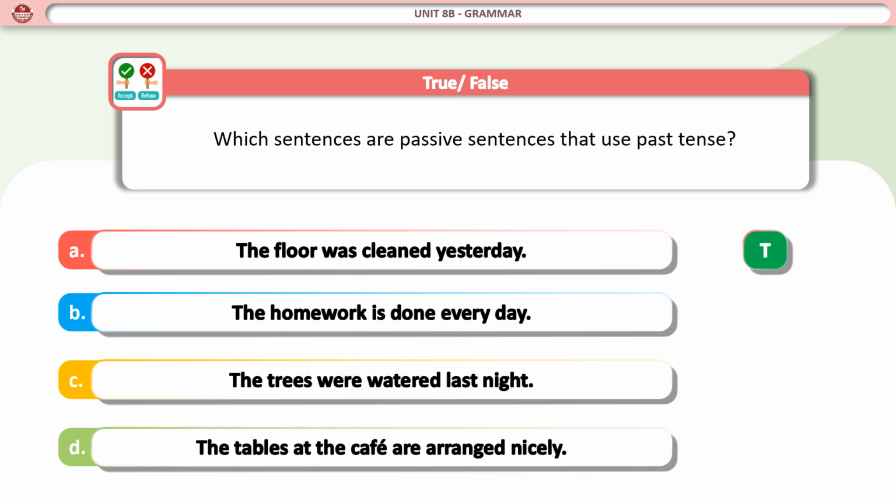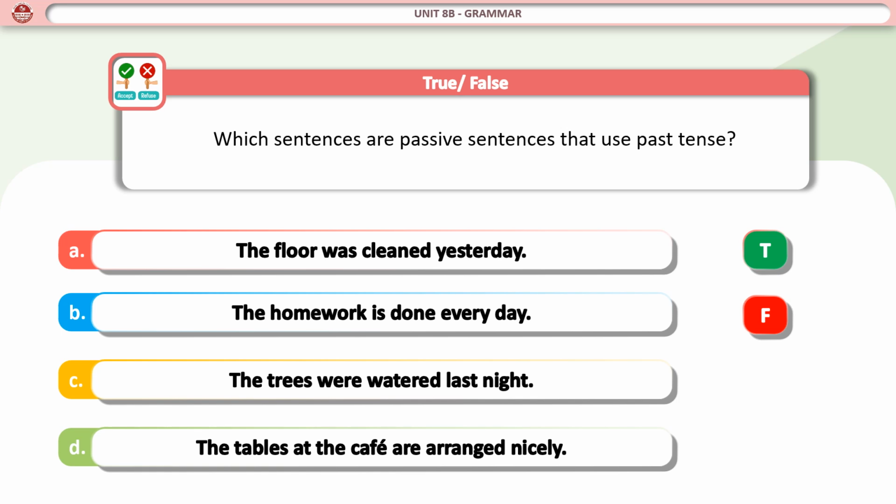For sentence B, the homework is done every day. Now, the structure here is done, and with to be is, it's passive with present tense. So it's not past tense. This one would be false. Sentence C, the trees were watered last night.